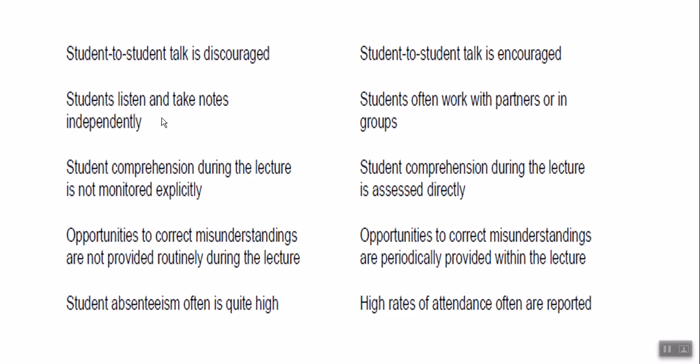Students listen and take notes independently, whereas here students often work with partners or in groups. Students' comprehension during traditional lectures is not monitored explicitly, while here it is monitored. Opportunities to correct misunderstandings are not provided routinely in the traditional lecture. In the interactive lecture, opportunities to correct misunderstandings are periodically provided within the lecture.